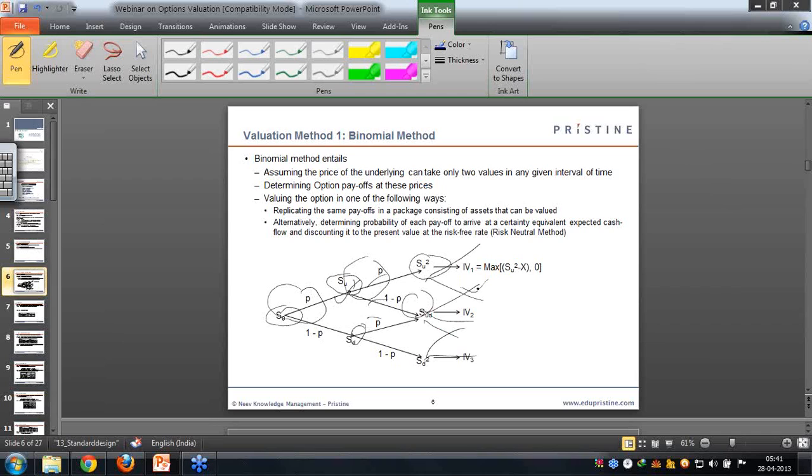So pretty basic stuff. And this is the probability that we are going to use in the second method, which is the risk neutral method. In the first method, if we are directly given the values of SU and SD, we'll find the payoffs, and then based on that we'll find the value of the option today. How do we do this? Let's proceed forward.